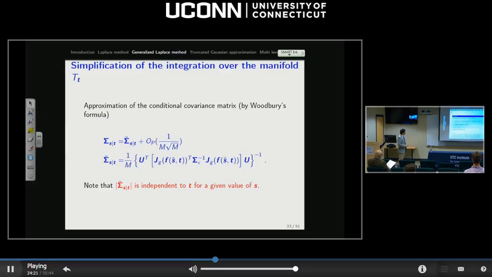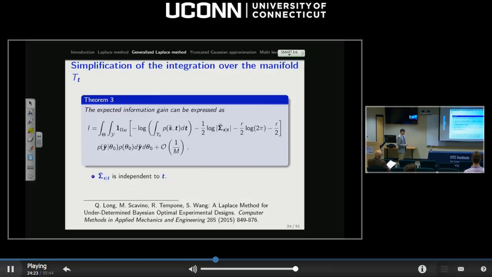We get a new formula for the expected information gain. Remember that this part is independent of t, so we can pull it out of the manifold integration. And what's left inside is the prior. And we can't really do too much about the prior, because it is the prior.